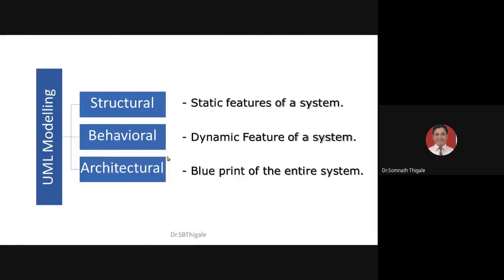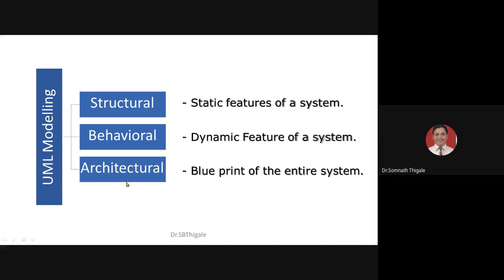So let's move to the next part, UML modeling. That part we have just discussed, so no need to get worried about this. Structural, I'm calling simply the static diagram. Behavioral represents the dynamic features of the system, and architectural represents the blueprint of the entire system.